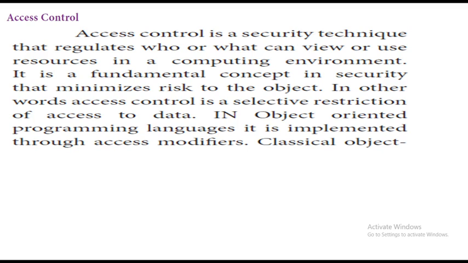And how can we identify the protected and private variables? In Python, if a double underscore is before a variable, that is known as a private variable. If a single underscore is there, that is known as a protected variable.